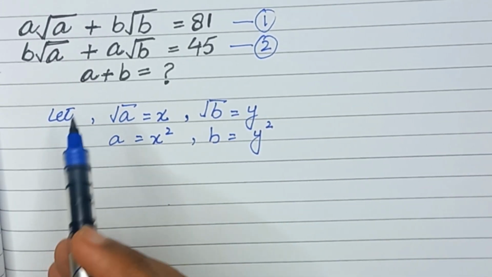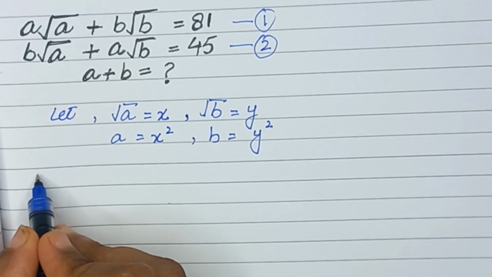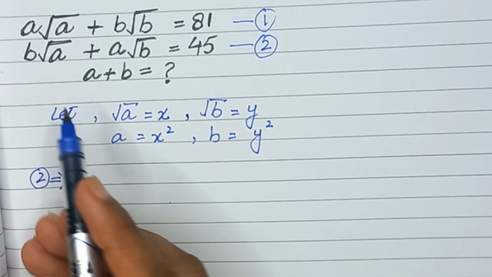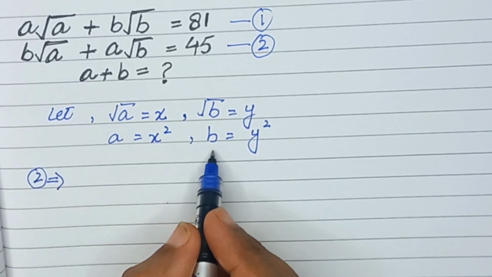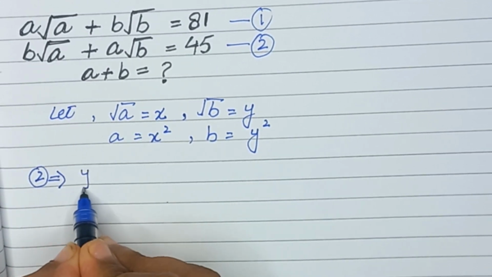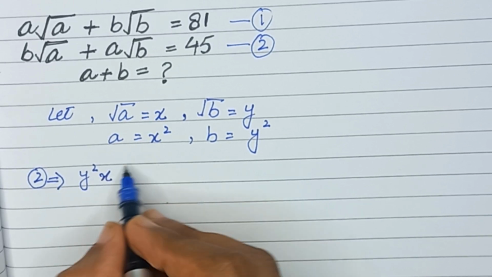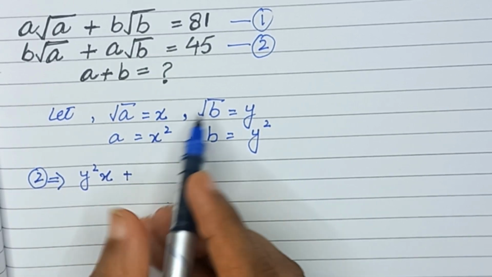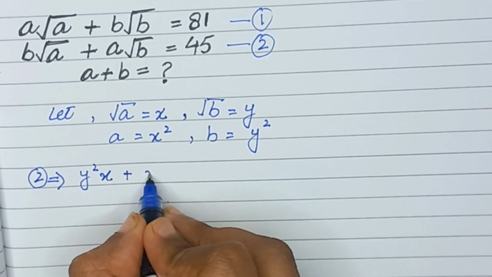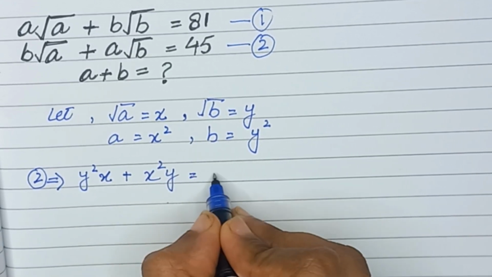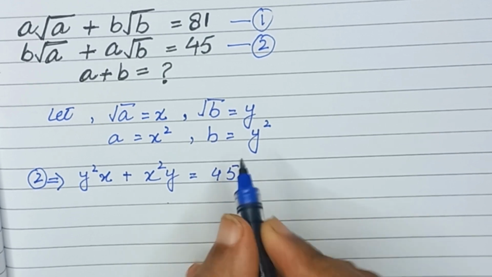So from here, equation number 2 will become: equation number 2 is b square root of a. b is y square. Square root of a is x, so it will become y square x plus a is x square and square root of b is y, which is equal to 45.